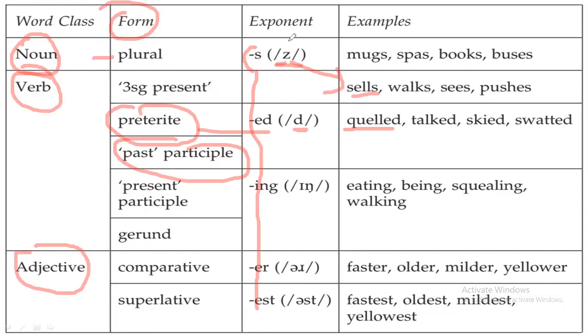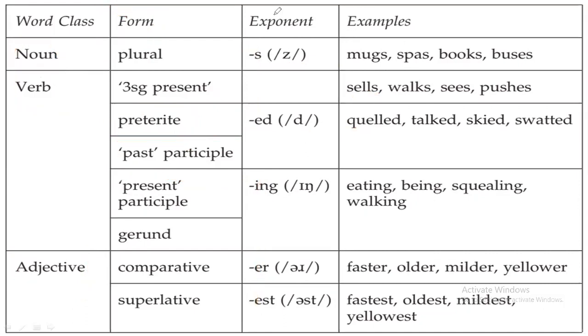Yes, sir. Yes, please. In the verb form, is this the third person singular? Which one? It means verb form. Yes, this one. So can we write V5 here in the exponent column?